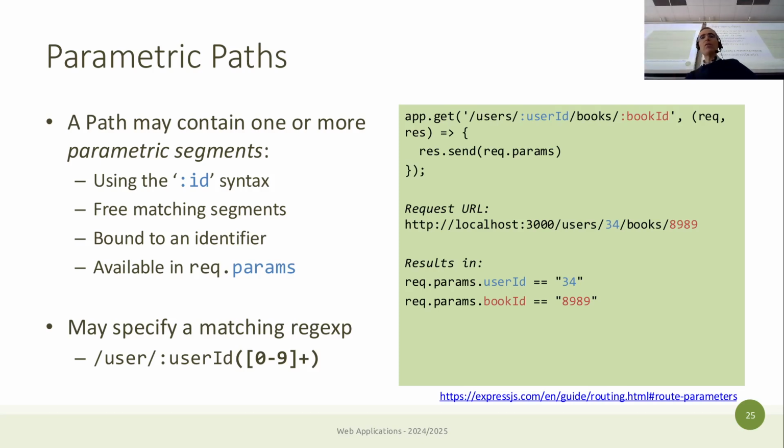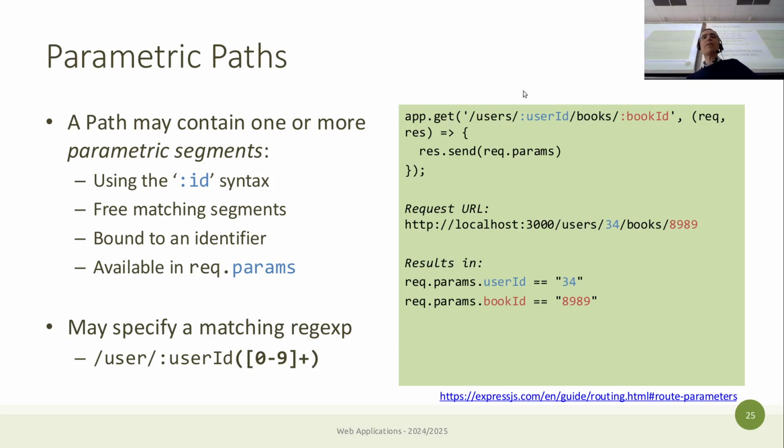Then, if the URL matches what you wrote here, you find in req.params directly the value as interpreted by Express for you, extracting the actual value that you have in the URL and putting it into a variable that you can directly use in the code.